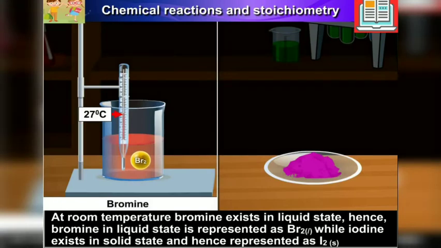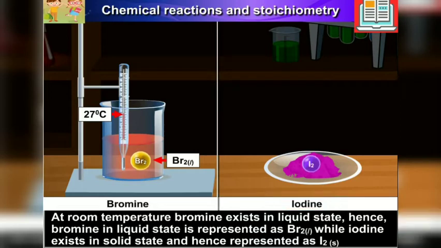At room temperature, bromine exists in liquid state, hence bromine in liquid state is represented as Br2, liquid, while iodine exists in solid state, and hence is represented as I2, s.